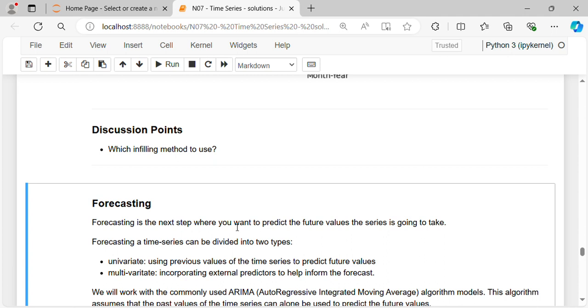So linear interpolation method was the best method to use to find the missing values.